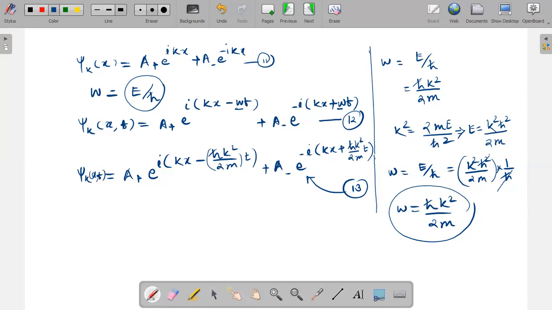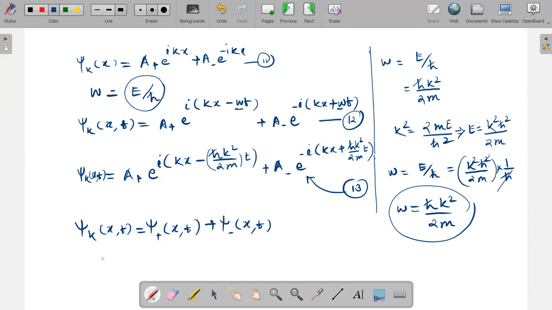Okay, and in this, what is the first term? This can be written as psi of x comma t equal to psi plus of x comma t plus psi minus of x comma t.